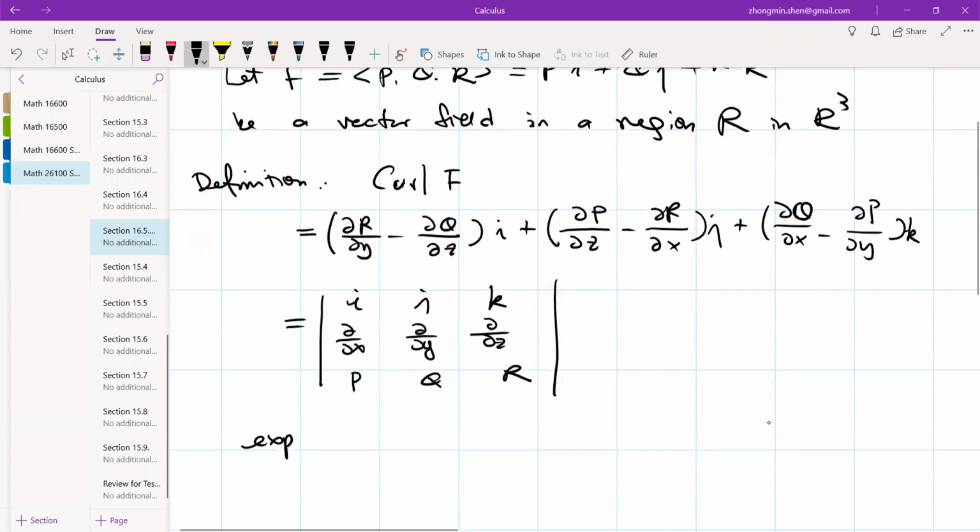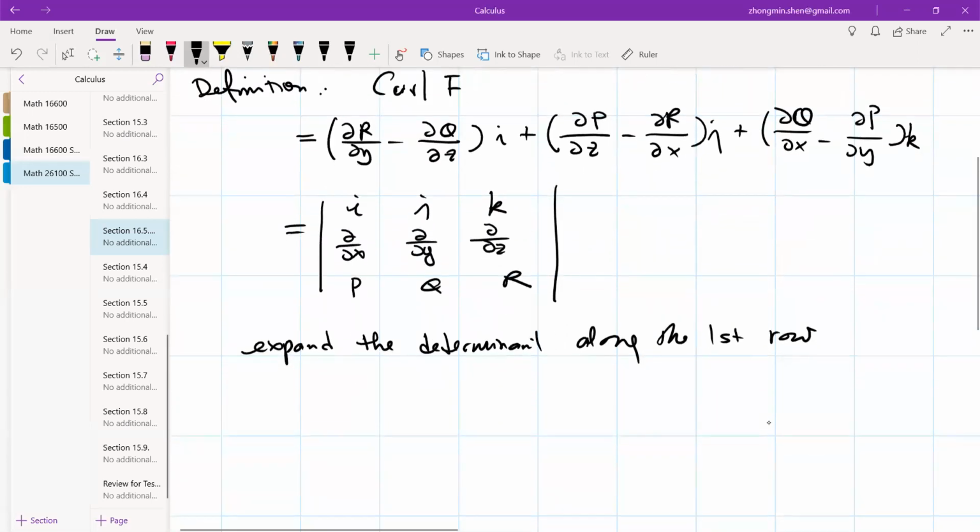So we can expand the determinant along the first row, okay? Then you will get the partial derivative with respect to Y, partial derivative with respect to Z, and Q, R; this is i, right?